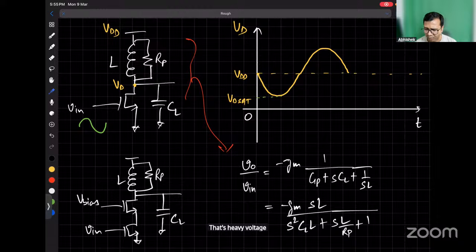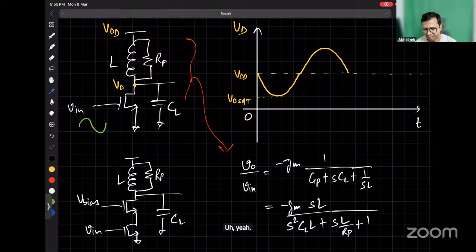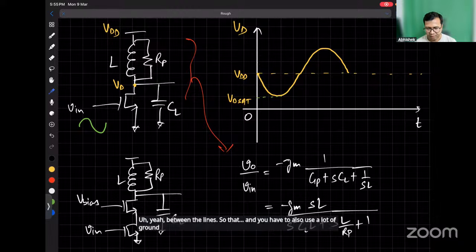Many times you may have to add a lot of slots between the lines, and you have to also use a lot of grounding. So these are a lot of practical issues which will come when you talk about high voltage amplifiers.